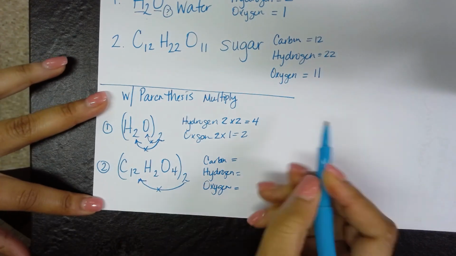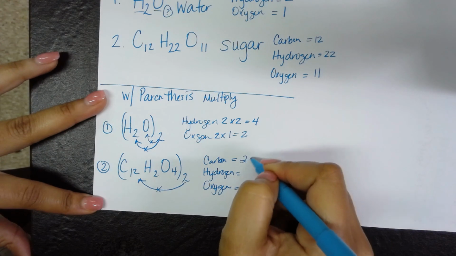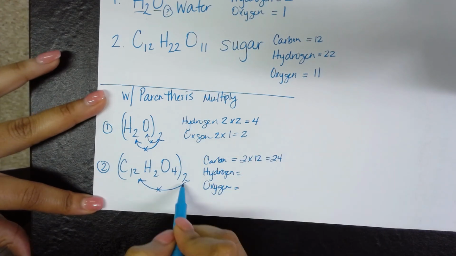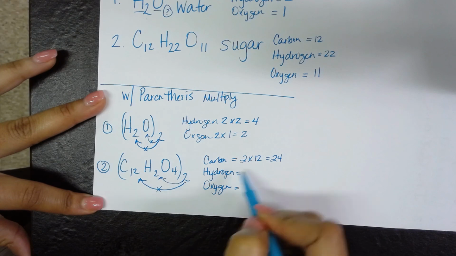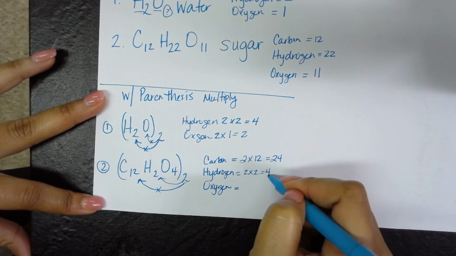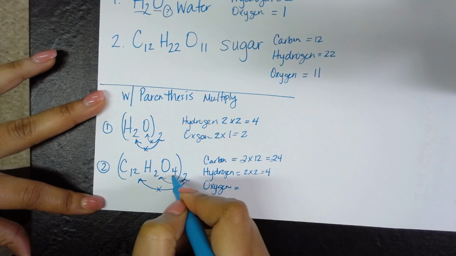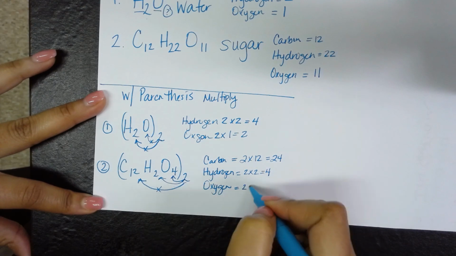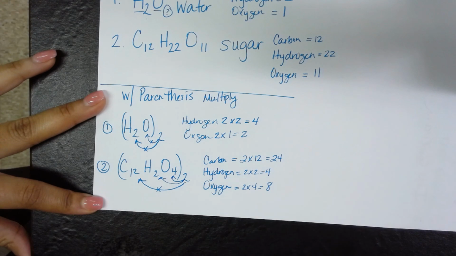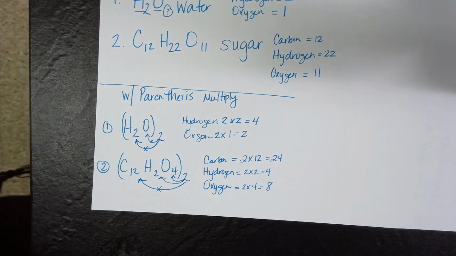So 2 times 12 gives me 24. I have 2 times 2, which gives me 4. And I have 2 times 4, which gives me 8. So this is everything we learned today.